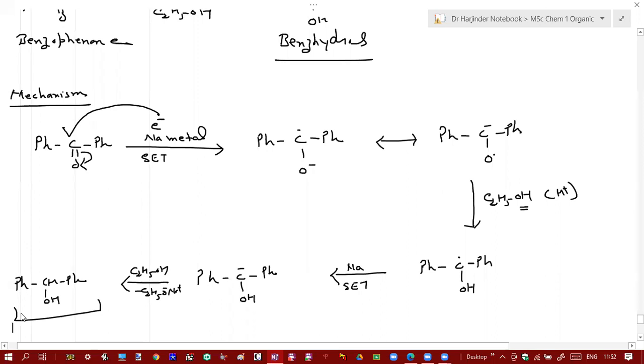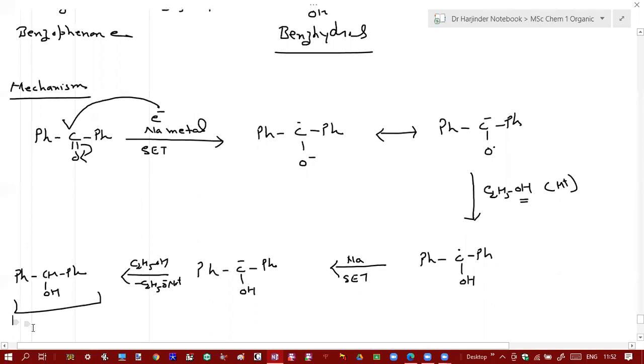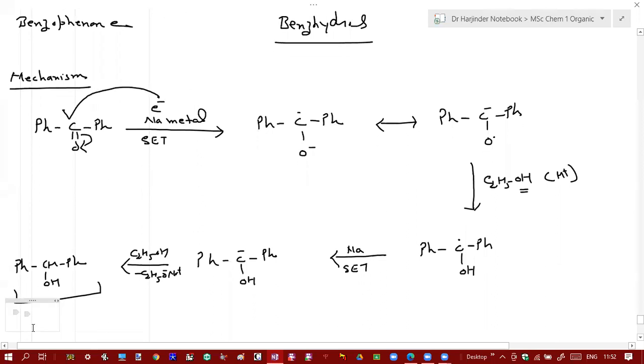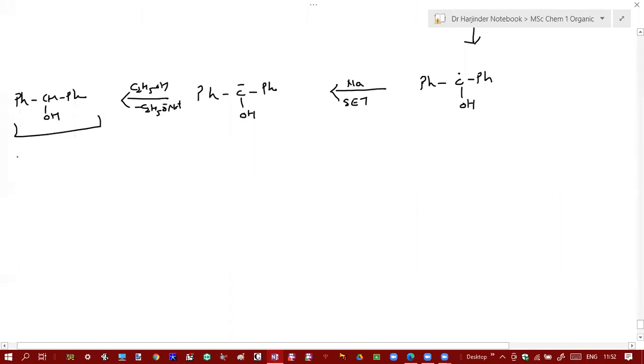Now, if we perform the same reaction in the absence of a proton source, what will happen? That means we do not use ethanol.